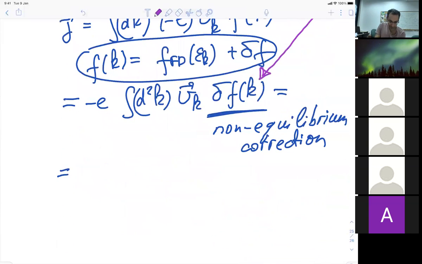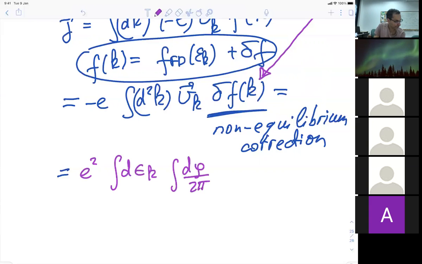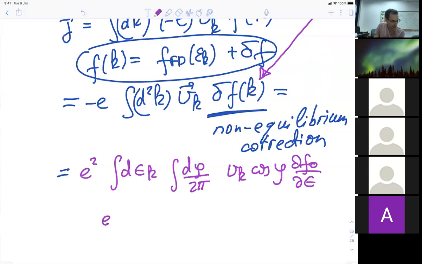Well, what remains is E squared integral over d epsilon k, integral over d phi over 2 pi, Vk cosine phi, df0 over d epsilon, E, sorry, you already took the electric field, Vk again, cosine again, and tau transport.